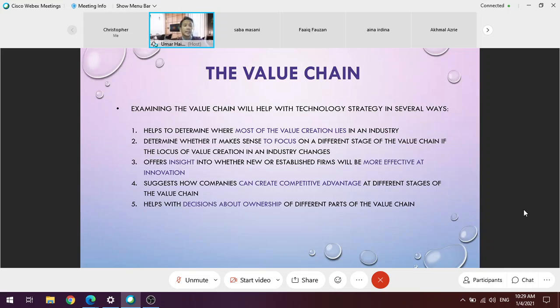So again, you need to determine which of the activities give more value creation to your business. And secondly, understanding this kind of value chain is going to help you determine whether it makes sense to focus on a different stage of the value chain, if the locus of value creation in the industry changes.